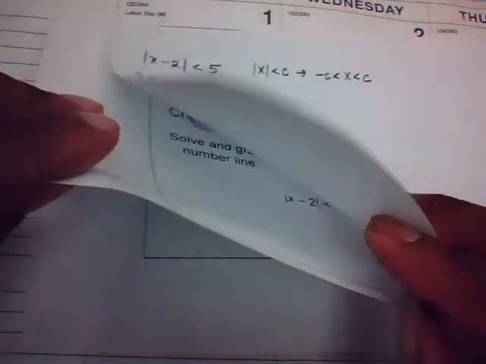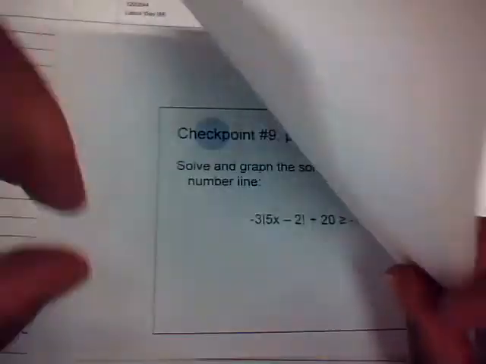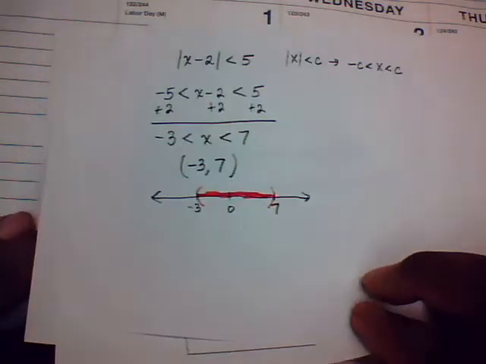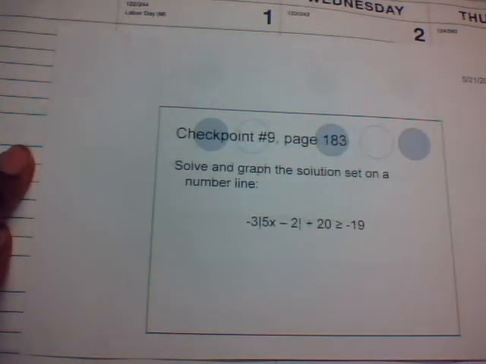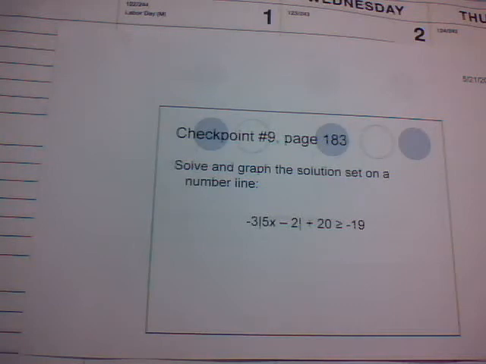And there are some cases where you might have to get the absolute value inequality by itself. Like in this particular situation here, we've got negative 3 times the absolute value of 5x minus 2, plus 20 is greater than or equal to negative 19.